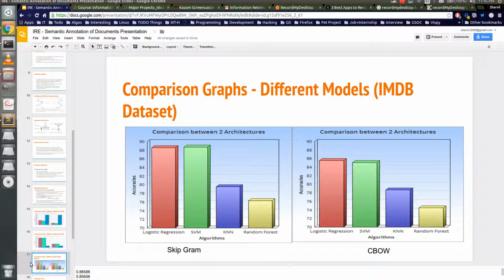These are the graphs for the IMDb dataset that we used for phase 1. Even in this, we see that logistic regression performed the best. So clearly, this classifier seems to be of paramount importance in this part of the research.